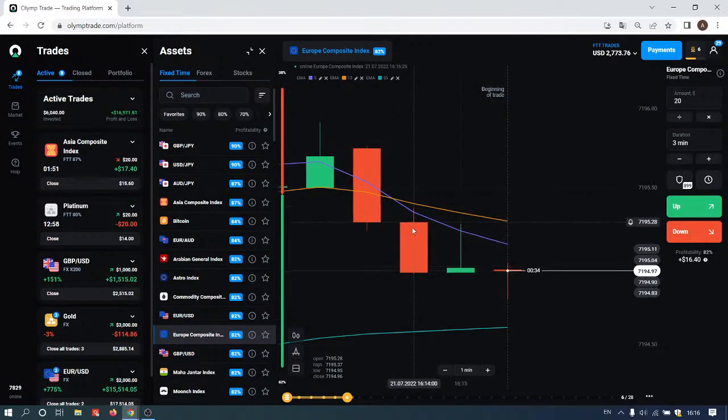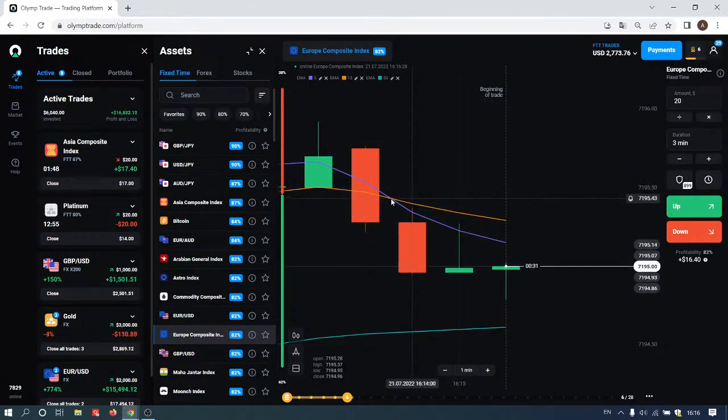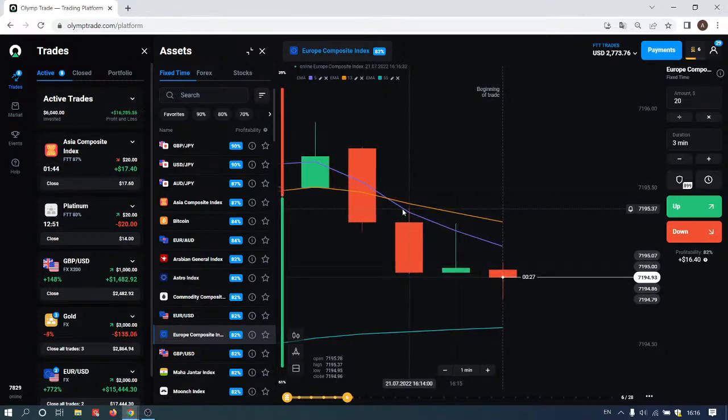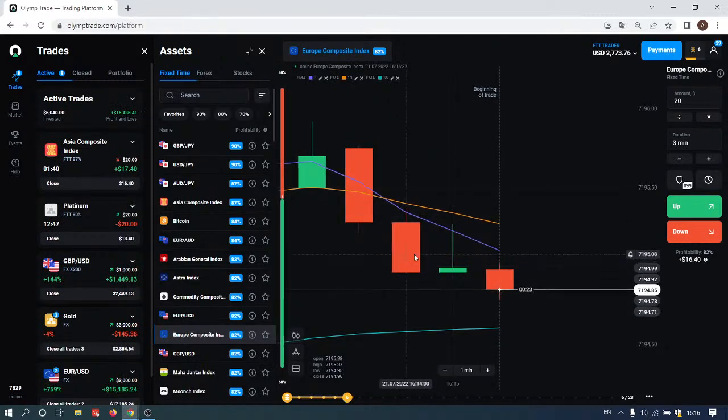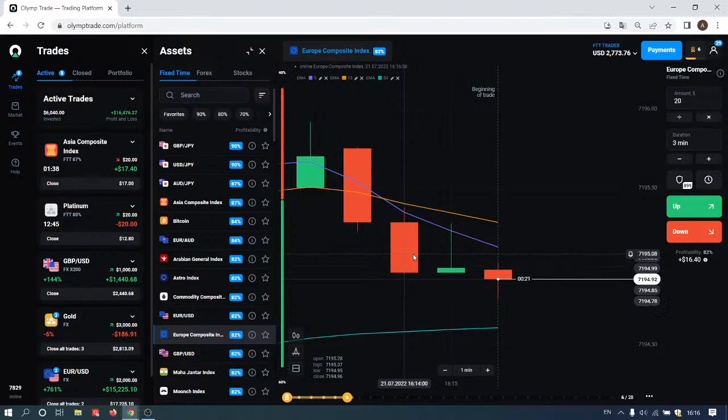The signal here came when the purple line crossed the orange line in the downward direction, and the signal came on this candlestick here somewhere.